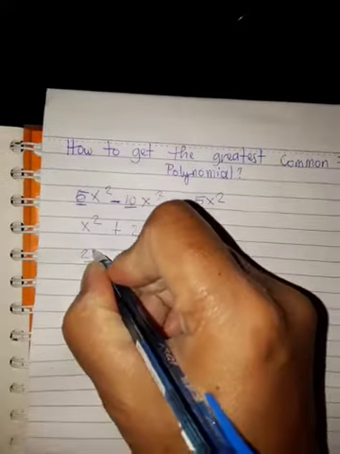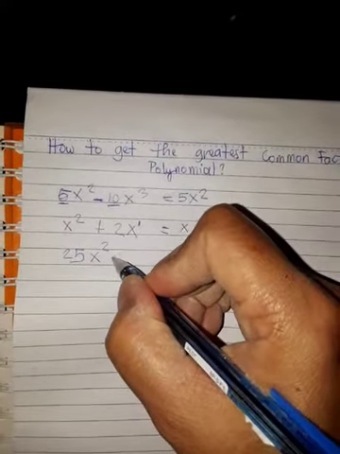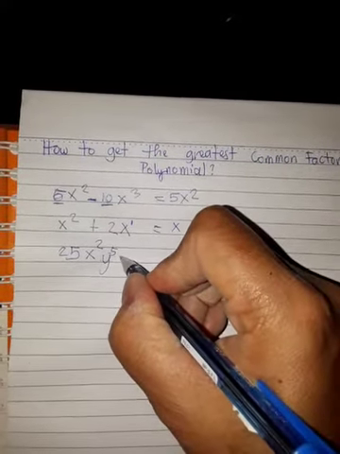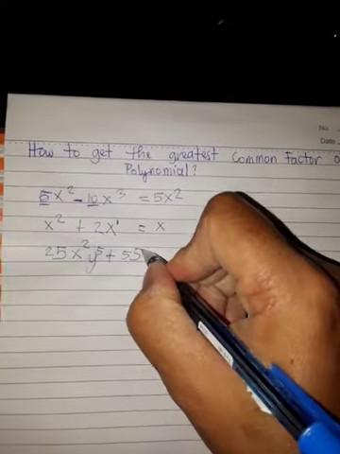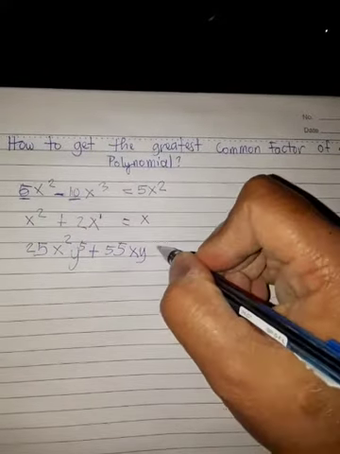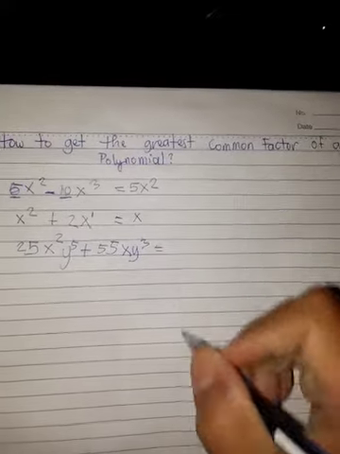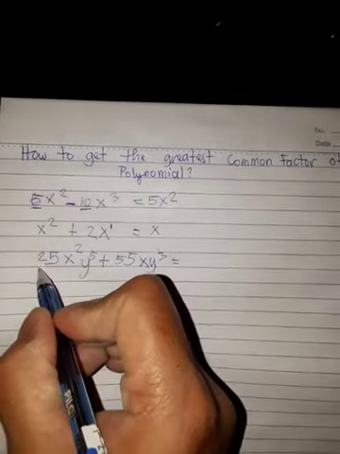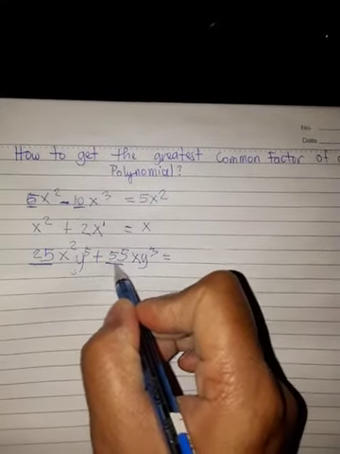Okay, another example, we have 25x squared y to the fifth plus 55x y cubed. First we need to focus on the numerical coefficient. We have 25 and 55.